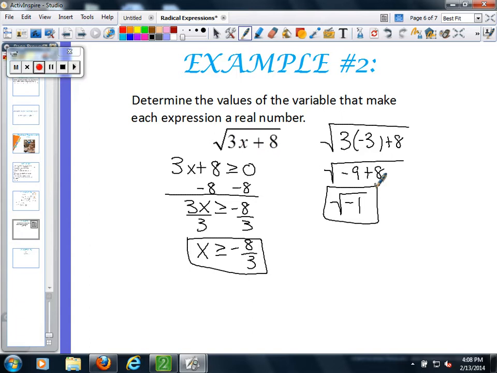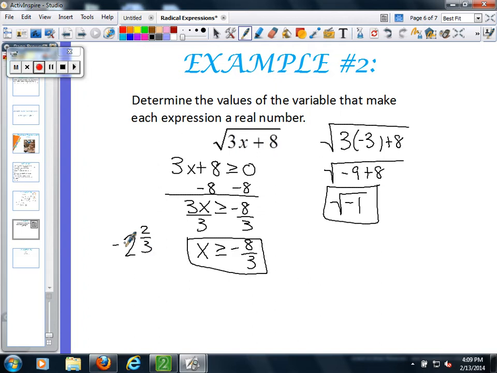Negative 8 over 3, as a mixed number, is negative 2 and 2/3.